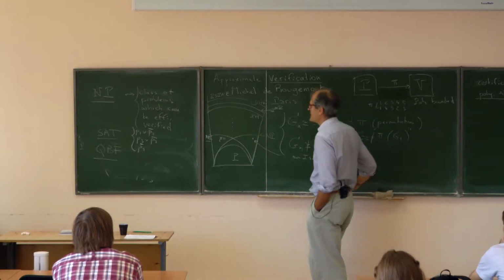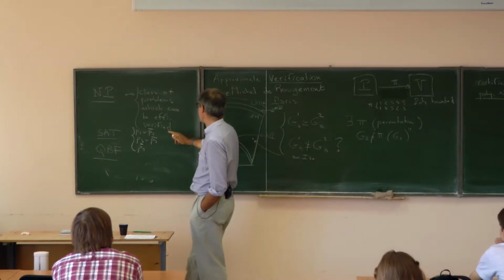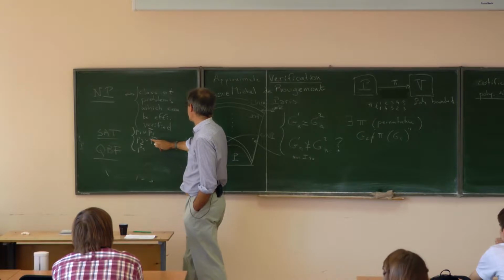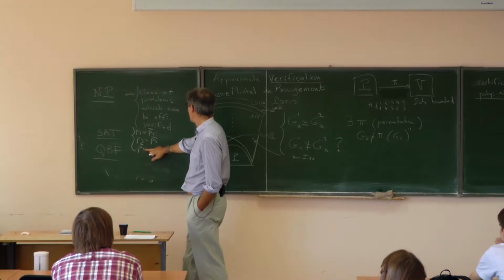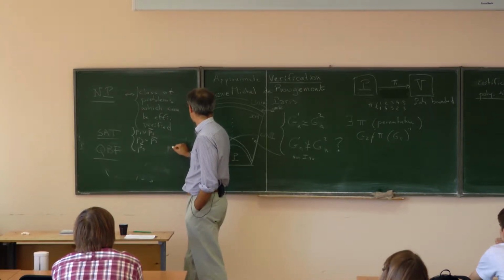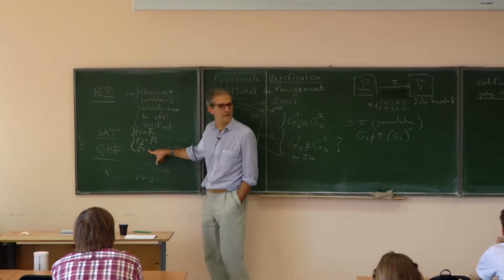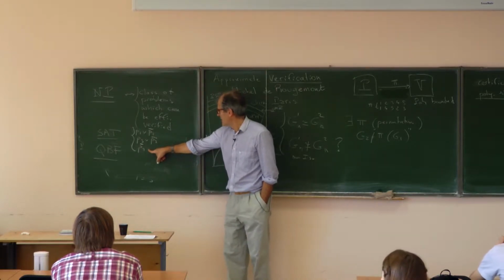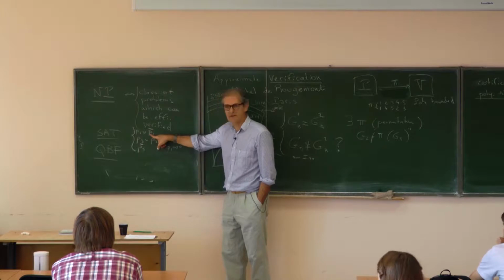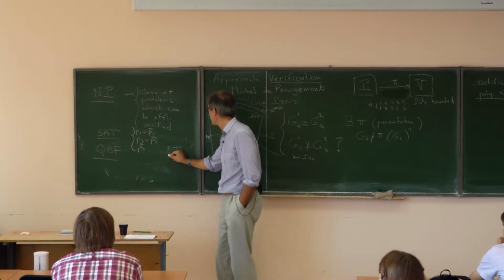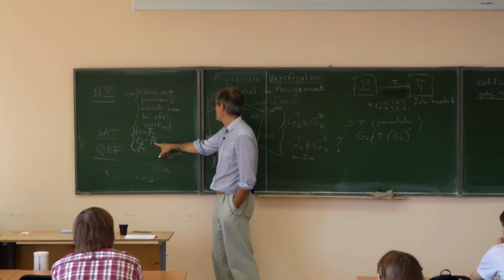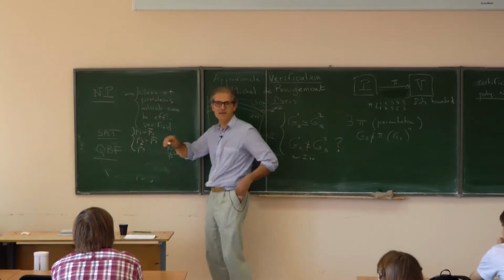Okay, so for example here, I'm pretty sure that I can find an assignment. So P1 has to be 0 by the third clause. Okay, and if P1 is 0, then P2 is also 0, otherwise I don't satisfy the first. And if P2 is 0, then P2 bar is satisfied, so P3 can be anything.